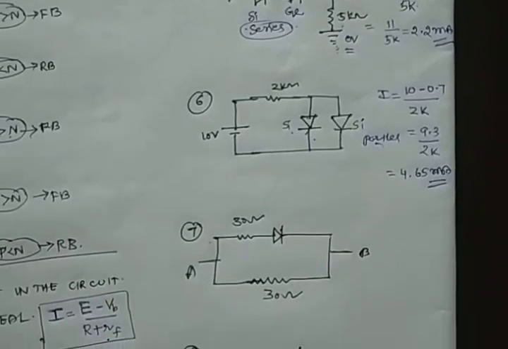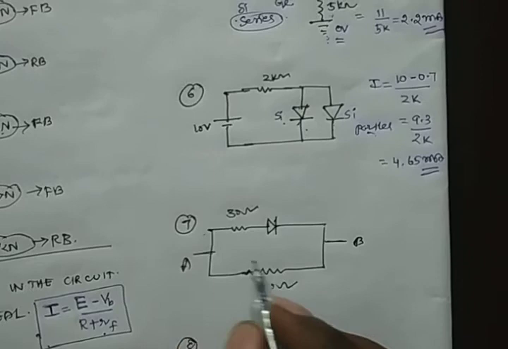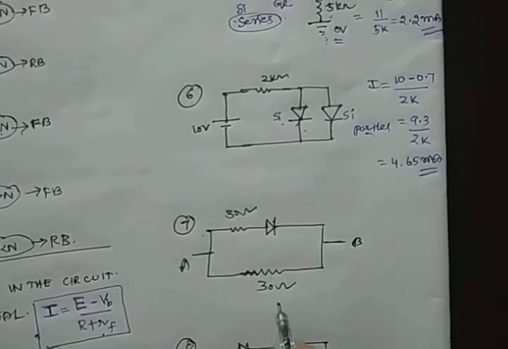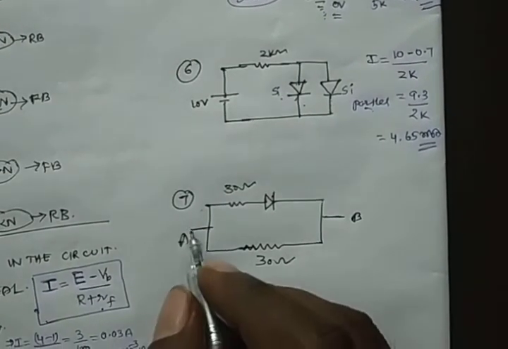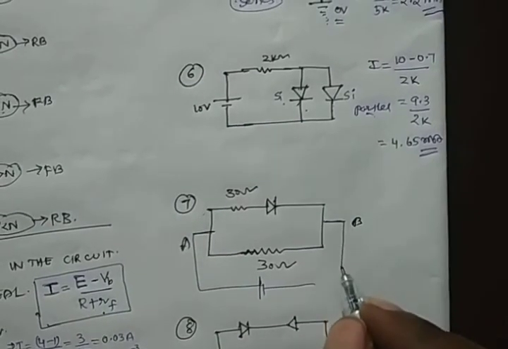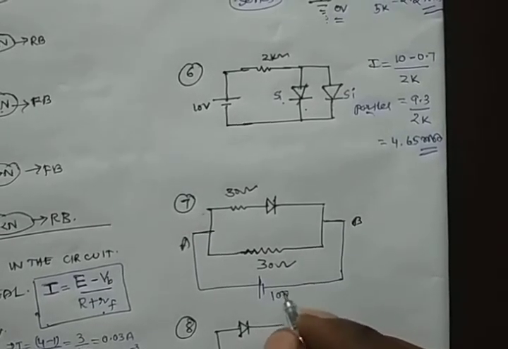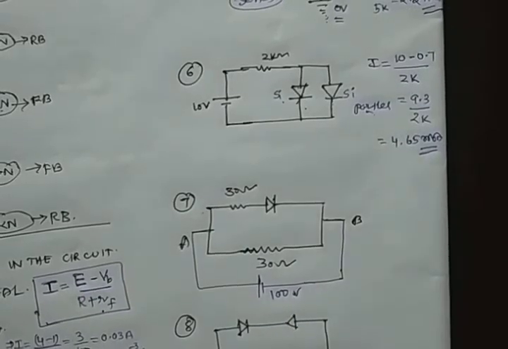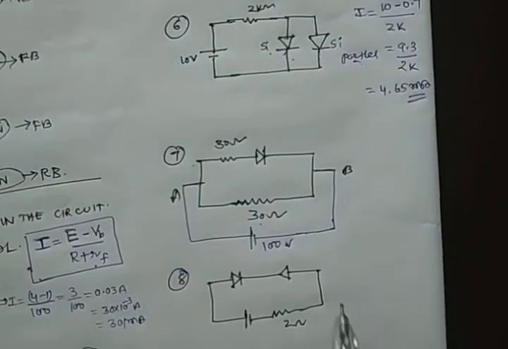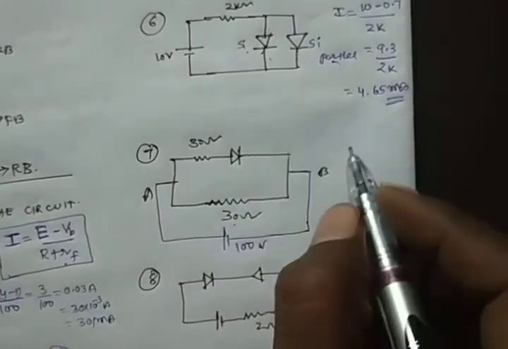Okay. Next. So this is the circuit which contains two resistances, 30 and 30. Here they are given two cases.